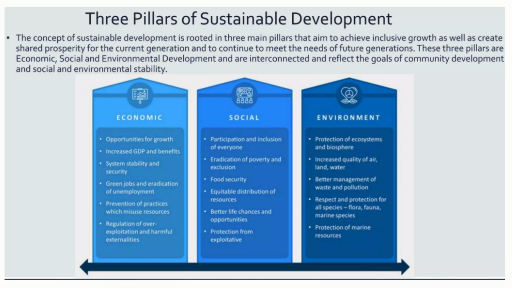For the social pillar, we have participation and inclusion of everyone, eradication of poverty and exclusion, food security, equitable distribution of resources, better life chances and opportunities, and protection from exploitation. For the environment pillar, protection of ecosystems and biosphere, increased quality of air, land, and water, better management of waste and pollution, respect and protection for all species, flora, fauna, and marine species, and protection of marine resources.